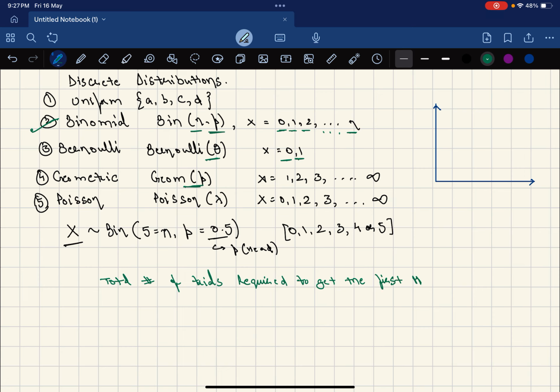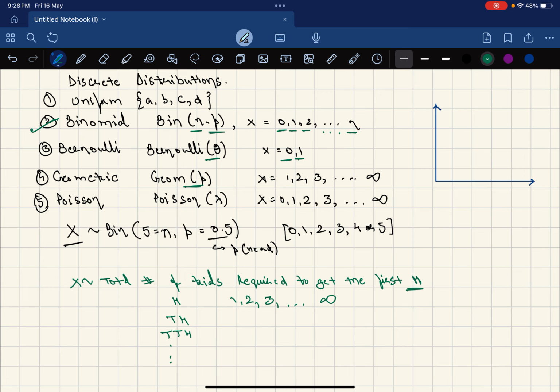Once again, we are assuming that the probability of getting a head is still 0.5 for each of the trials, and we are modeling x as the total number of trials required to get the first head. Now we can either get the head on the first trial, or on the second, the third, and so on. Therefore, the possible values of this random variable could be 1, 2 and so on till infinity.